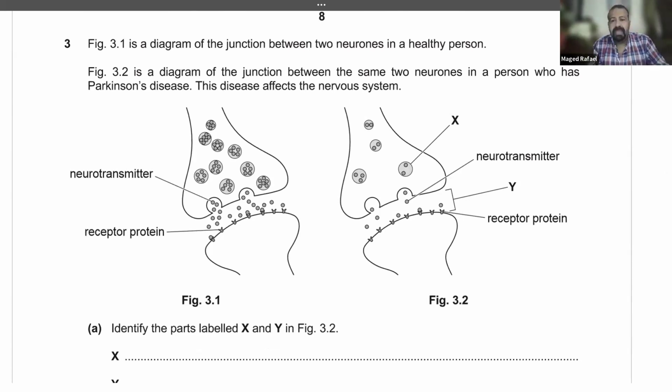Look, kids, I can see in the diagram that in the normal person we have a large amount of vesicles with a large number of neurotransmitters. Right or not, Abdelrahman? In comparison with figure 3.2, we have fewer vesicles and fewer neurotransmitters.